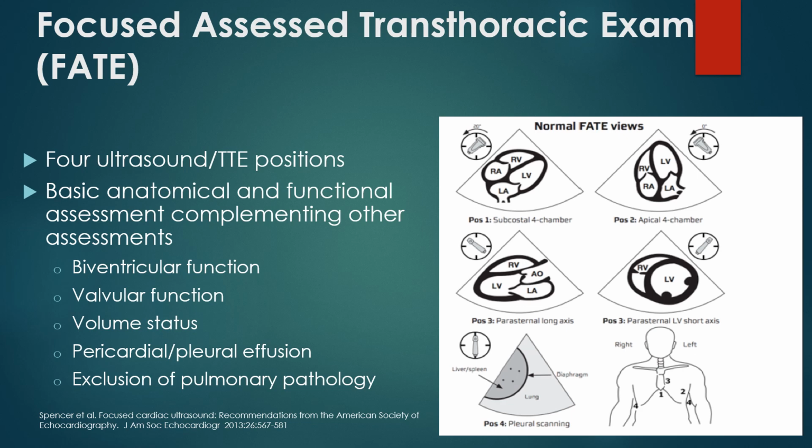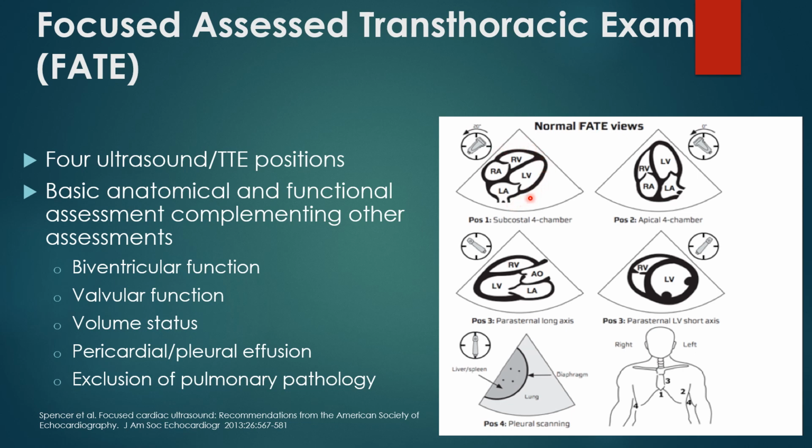Position 1, you are going for the subcostal four-chamber, which is very easy to do. You find the subxiphoid just like you would do if you were about to start CPR, and you basically stick it underneath the subxiphoid with an overhand grip, and you point toward the left shoulder. You get all 4 chambers, which is very nice, but also you get a nice view of overall contractility of the heart.